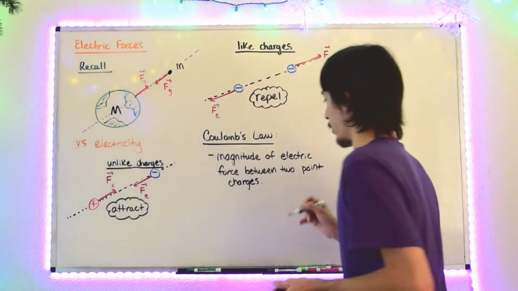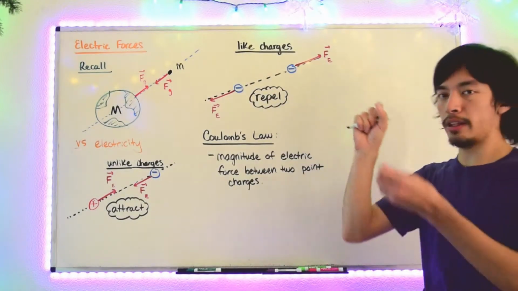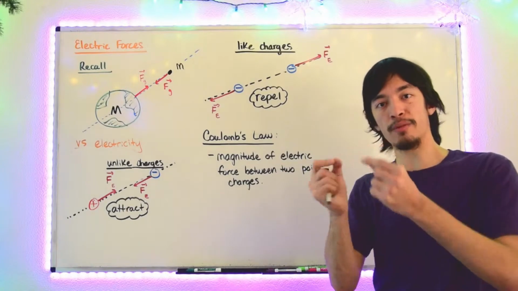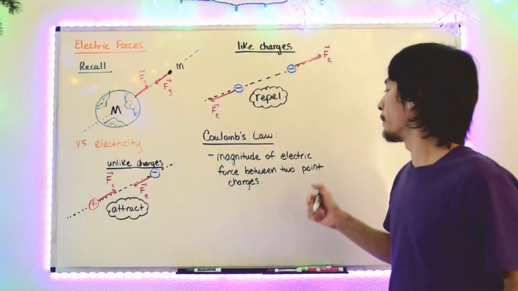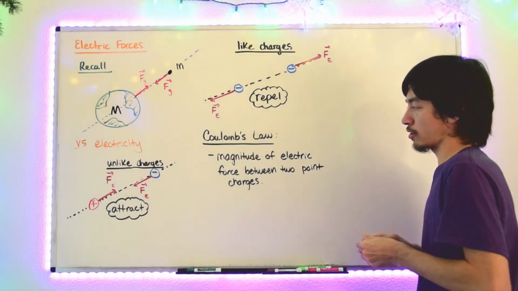Point charges are little points of charge or things that resemble points, like little tiny spheres. They have to be able to resemble point charges.